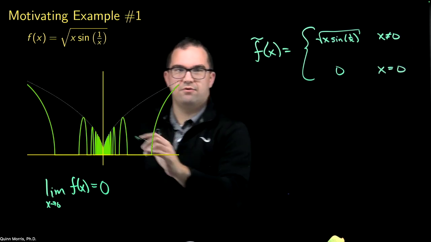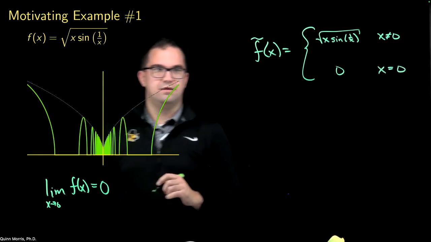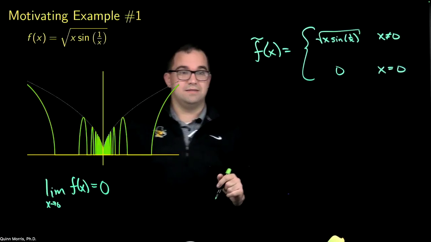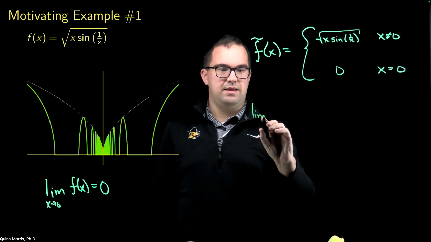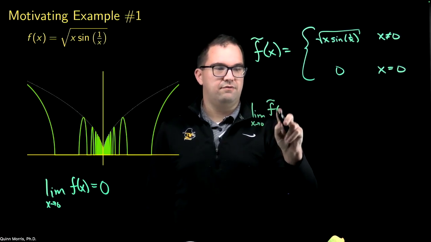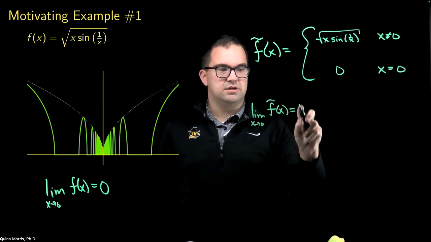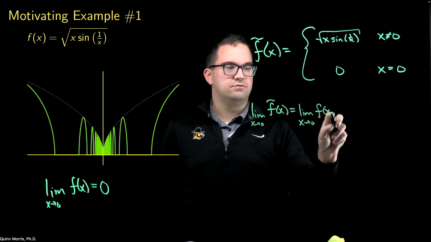But basically, if I came over here and right at 0, I sort of imagine I plug in the value 0 there, would this be a continuous function? So now if I consider here the limit as x approaches 0 of f tilde of x, well, it's going to be the same as the limit as x goes to 0 of f of x, right?